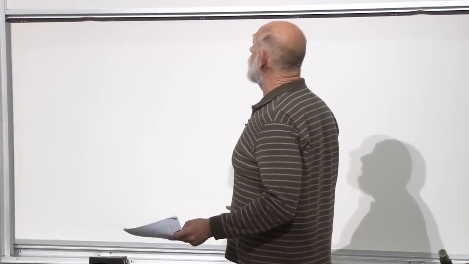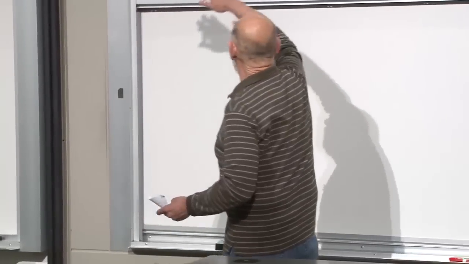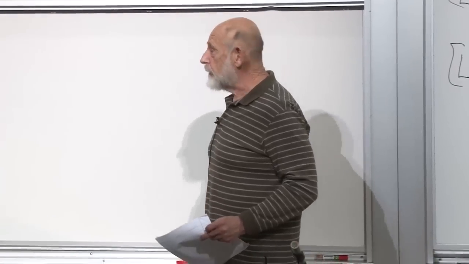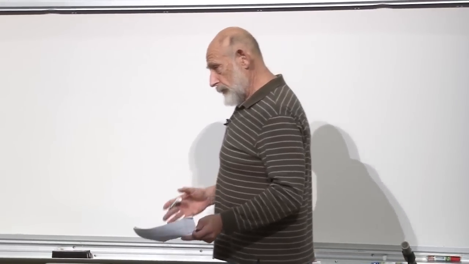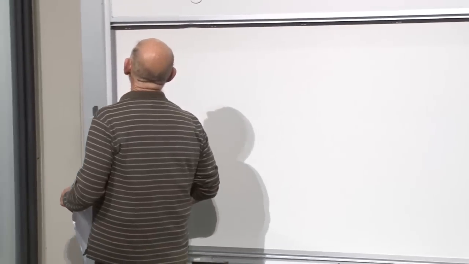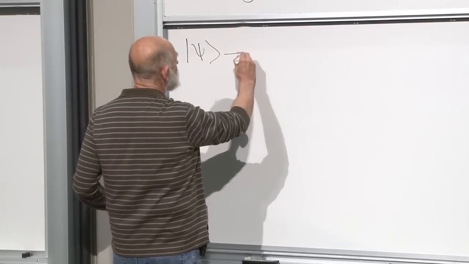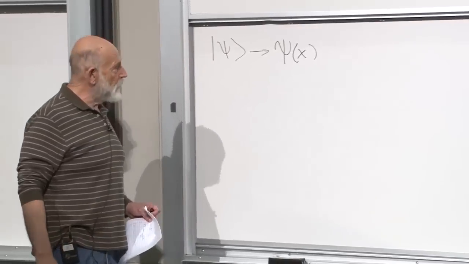So what is a wave function? A wave function in this context, let's just put parallel to this very tricky and clever operator structure here. Let's write down the wave function description of the same thing. State vectors are replaced by wave functions, which are functions of position.